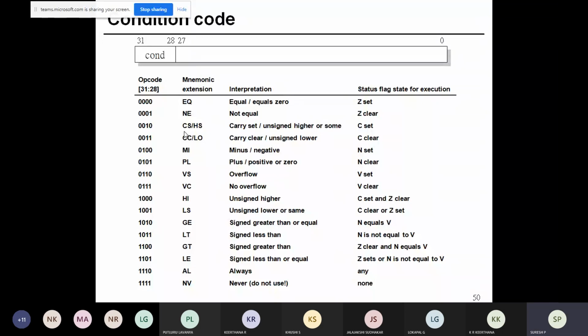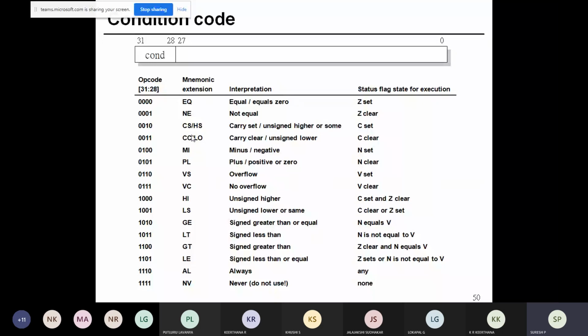When your N flag is clear, it is a positive value. Overflow set means what? That means whatever register you are going to have, that particular register is not able to store the maximum value. When you have that kind of scenario, the overflow will be there. If you have no overflow, then V clear.